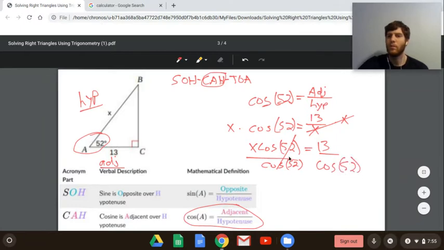Make sure you always put the parentheses around the angle, because remember that's not separate from the cosine. It's the cosine of that angle. That's the input, the angle that you're inputting into the cosine function. Okay, so we get x equals 13 divided by cosine of 52.